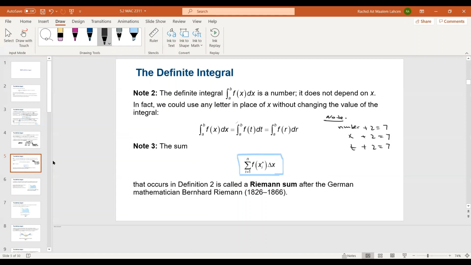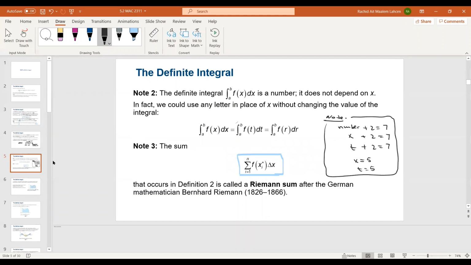So this is really what it means. It doesn't mean that it's irrelevant. It means that you can put t and still come up with the same formula that's needed for the integration. So same thing here. We can still come up with x as 5 or t as 5.